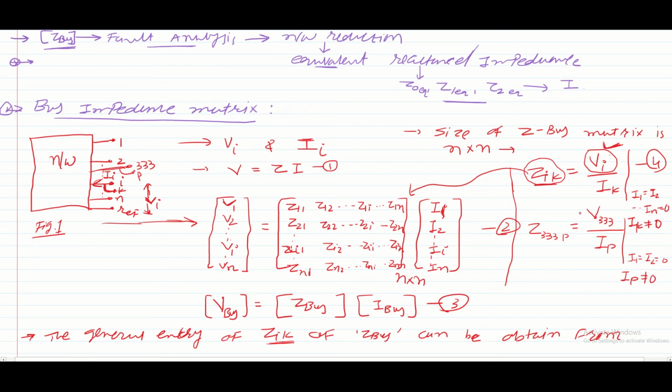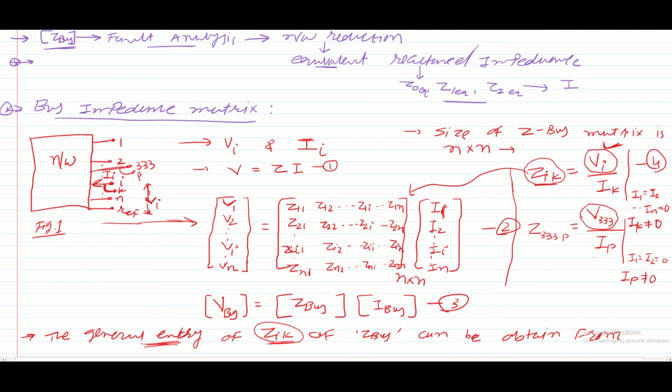Each and every time the voltage value will keep on changing. Because of this reason, this method is not feasible to formulate the Z-bus matrix, or to calculate any general or new entry of any element in this network.